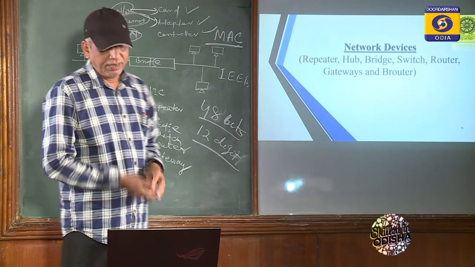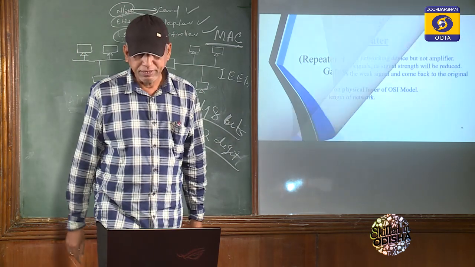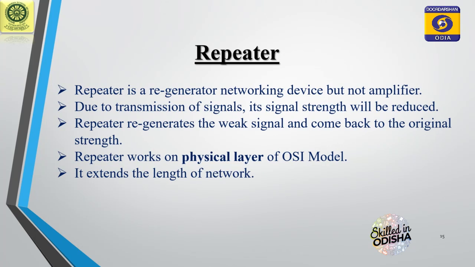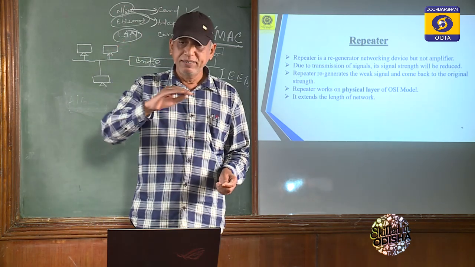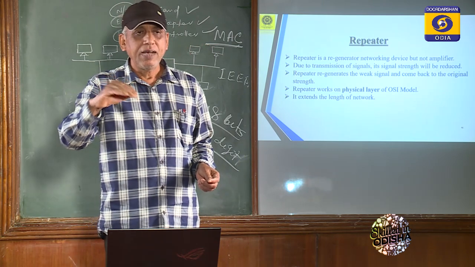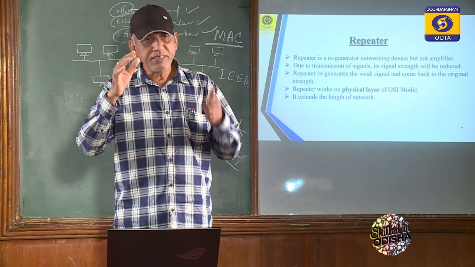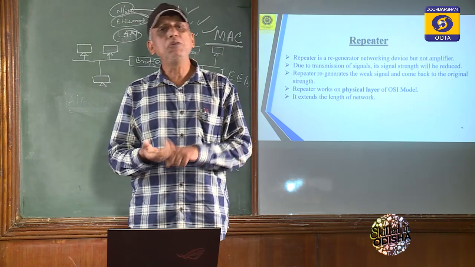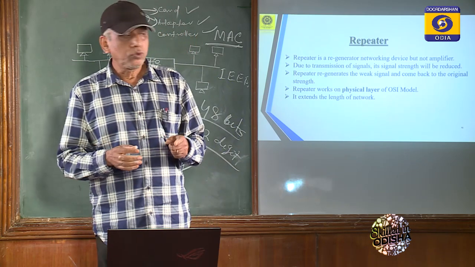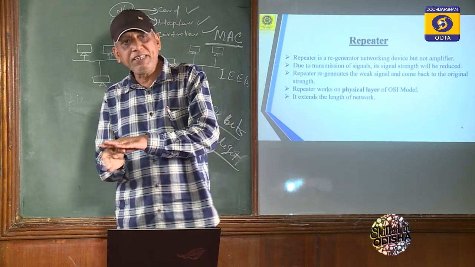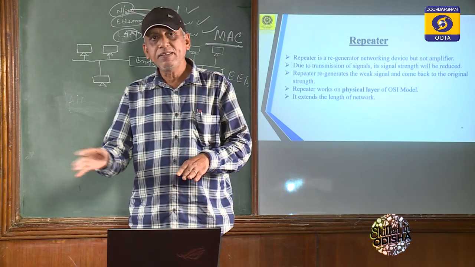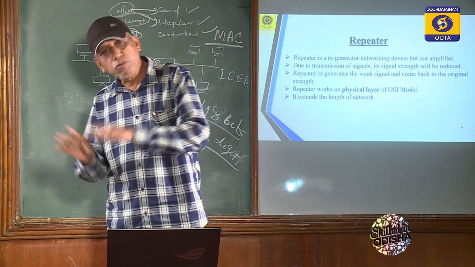Repeater is a regenerator networking device, but not an amplifier. Whenever a signal transmits through a medium, after some time the strength of the signal is reduced, and if we neglect it, it vanishes. That means the signal will be lost.